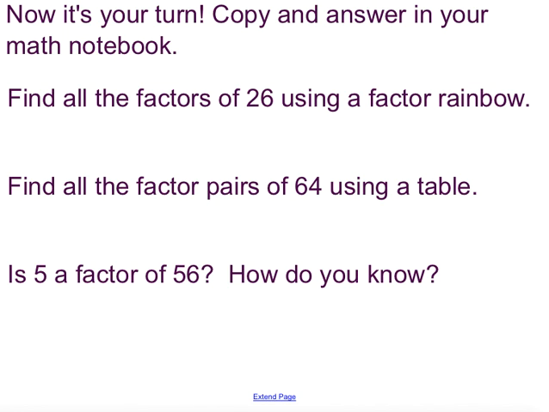Can't miss any, so you're going to have to make sure you get to the point where you can't find any more. And the second question says find all the factor pairs of 64 using a table. So I want the factor table, and look at the question. It still says all, but I want factor pairs this time.